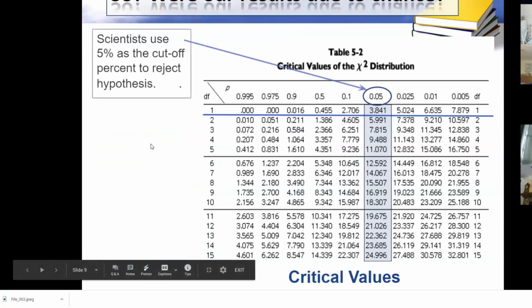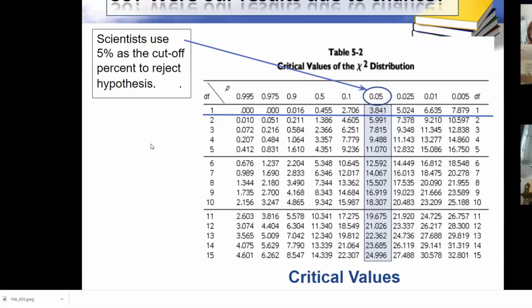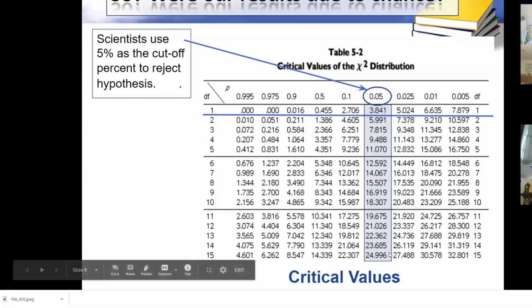In science, we allow a 5% variation. So we can assume results will vary due to chance itself 5% of the time. If we look at this row alone, 0.05, in our class we will only look at 0.05 probabilities.